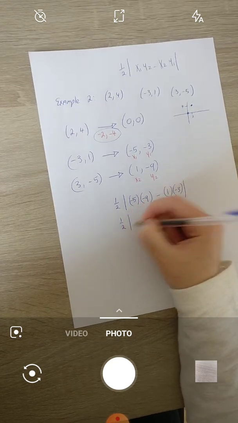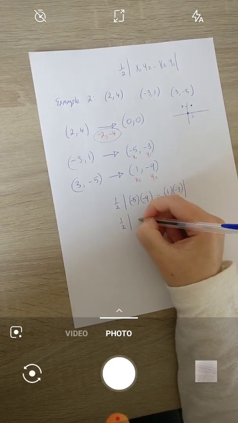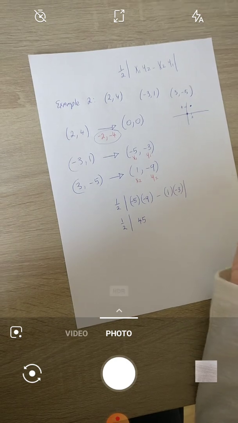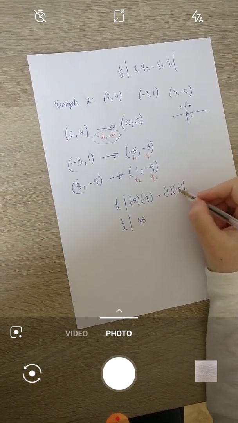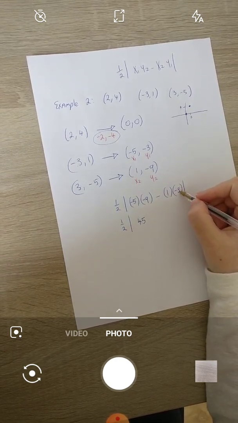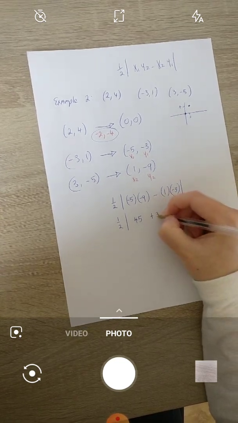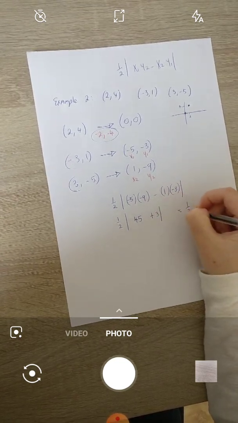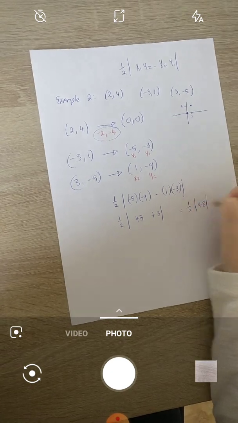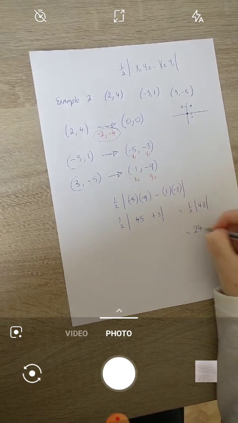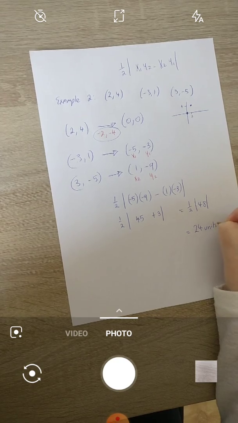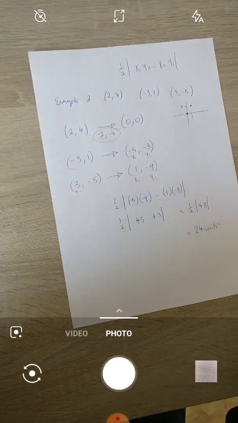So we've half of minus by minus is plus, and 5 nines is 45. 1 times minus 3 is minus 3. Minus by minus becomes plus 3. So it's half of 48, which means our area of this triangle is 24 units squared.